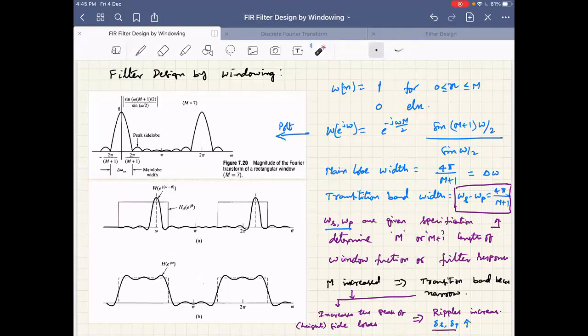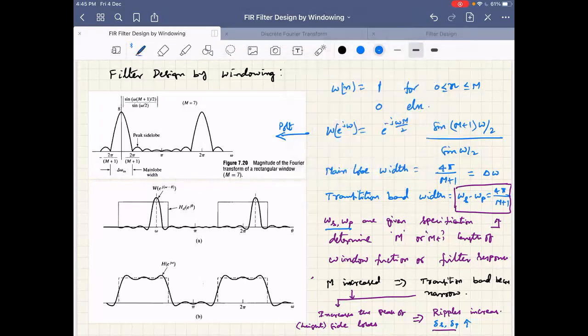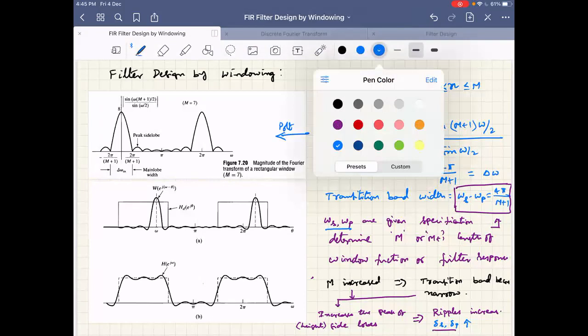At the same time, we will not be able to have a filter designed through windowing with lesser transition bandwidth and lesser ripples. So this puts up a challenge, or a difficulty.